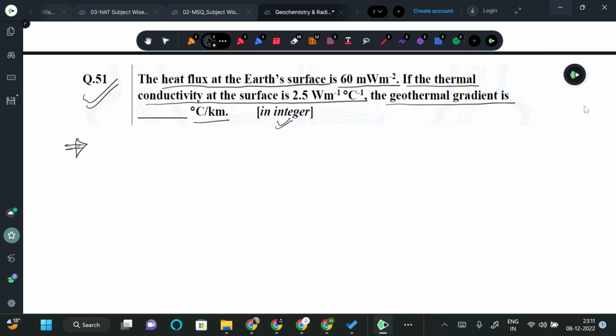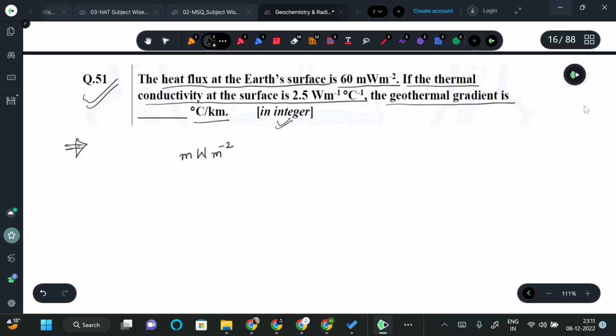Sometimes this approach doesn't work because there is some constant as well in the formula that is multiplied. Because of that constant, this sometimes cannot work, but sometimes the unit and dimension method definitely works. Here we have one unit as milliwatt per meter square. Second unit is watt per meter per degree centigrade.